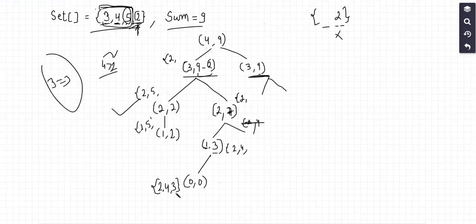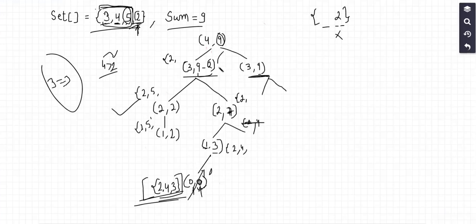Here you see that the sum has become 0. Now I want to generate 0 sum from 0 elements, and that is true. It can always be generated. Hence the final set is this, which says use integers 2, 4 and 3 if you want to generate 9.